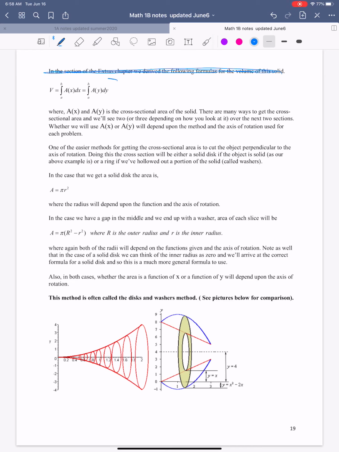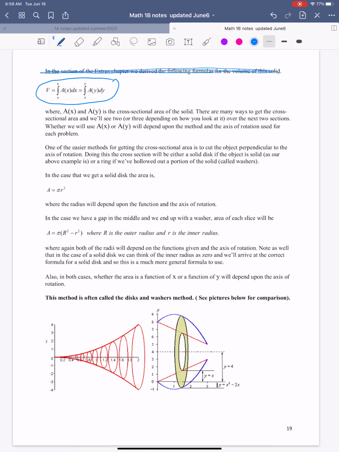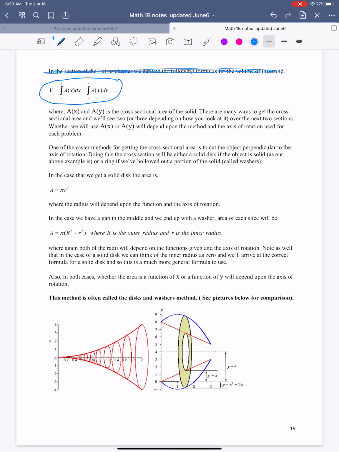The volume will be, with bounds a to b, the area of one disk times the width of one disk, which is dx. If your disks, for example, if you look at this picture, are perpendicular to the x-axis, the width of a disk will be in terms of delta x.